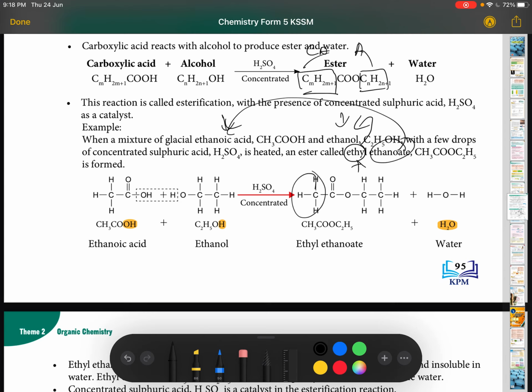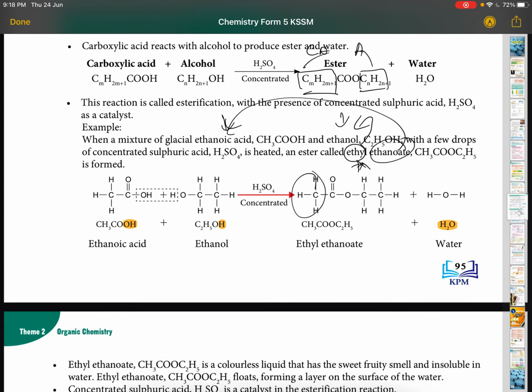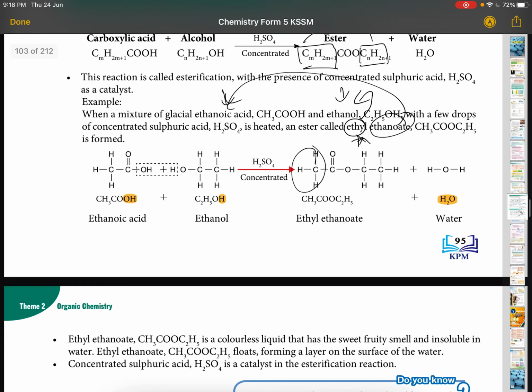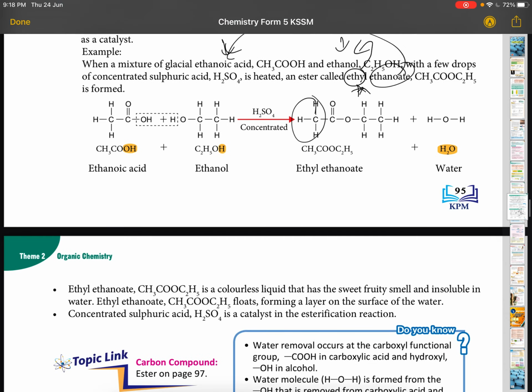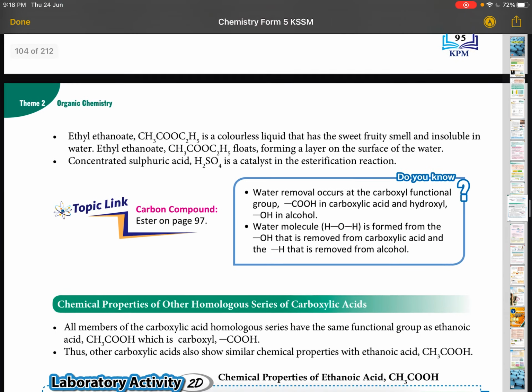Just know that when you write carboxylic acid plus alcohol, write the alcohol first, but as YL, and then ethanoate, so from OIC to OATE. So if you have methanoic acid and ethanol, you will get ethyl methanoate and so on.